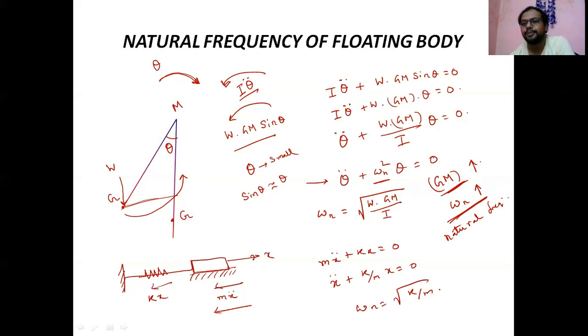So for the sake of comfort, you have to compromise slightly with your stability, because as you increase the metacentric height, you can see from this expression that your natural frequency omega n is also rising. So for the sake of comfort, GM is kept slightly lower, but it should always be greater than 0. This is the consideration and concept here.